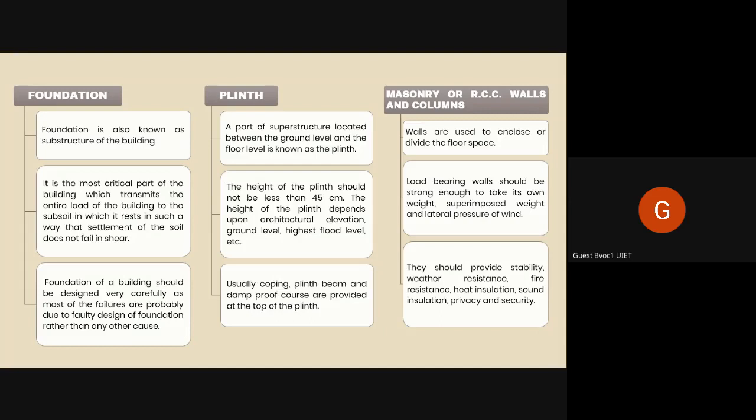Then there are two kinds of walls because there are two kinds of structures. One is the load bearing structure. Load bearing structures are the ones you find in really old houses.